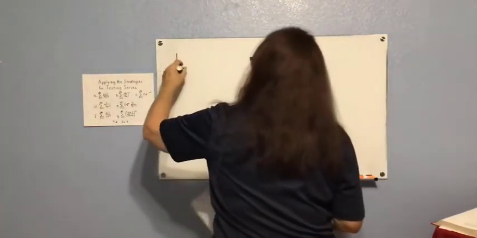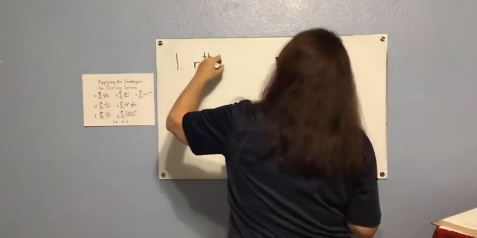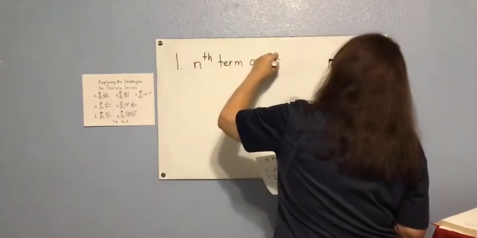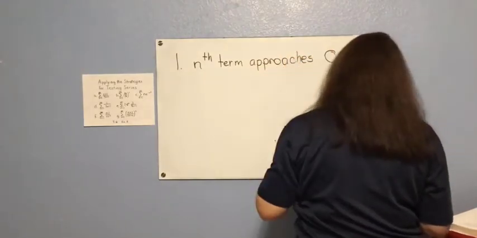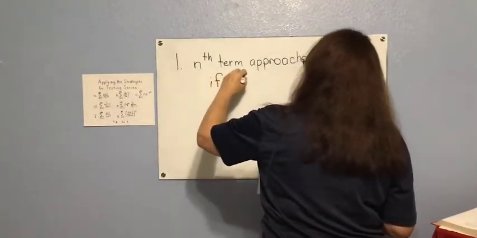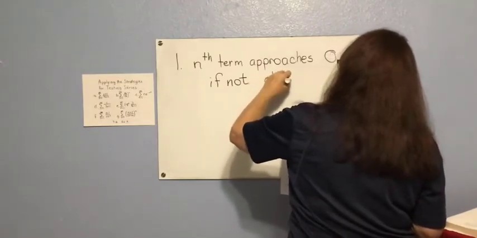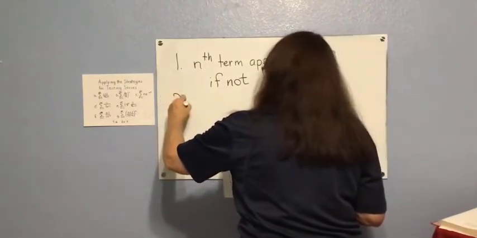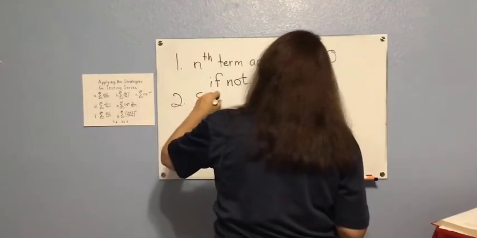Step number 1. Check and see if the nth term approaches 0. If not, that nth term doesn't approach 0, the series diverges. Number 2, is my series a special type?